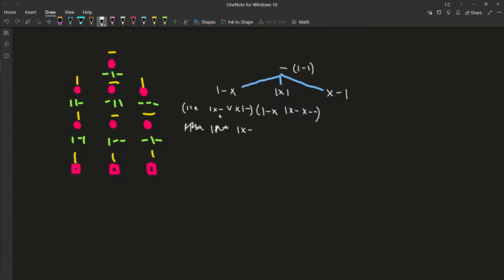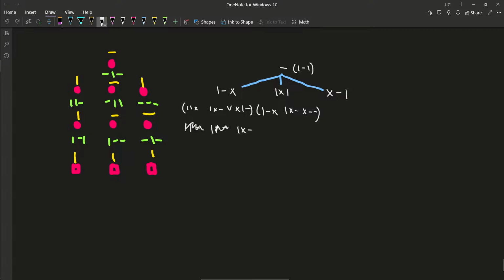And then 1 dash dash, also subsumed. Okay, so then going here, contradiction, 1 dash already included, and x contradiction. Okay, right.